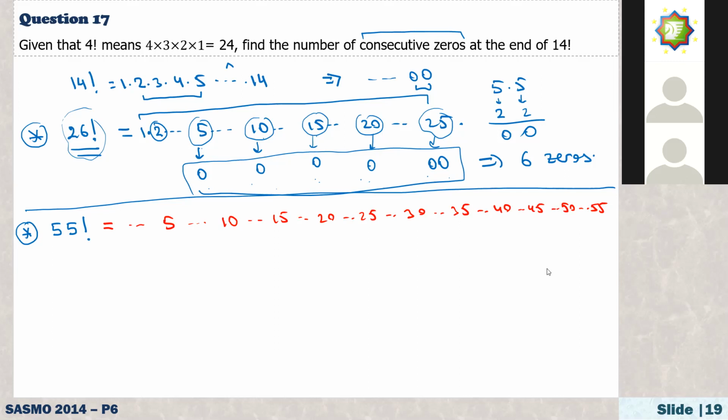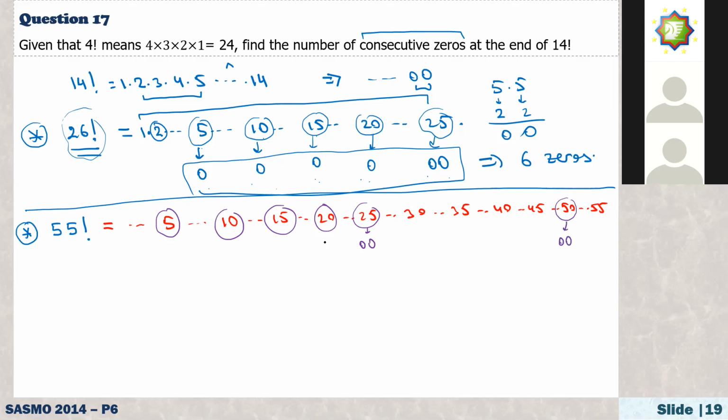Okay, why is it so? Because here, these 5s, we know that they can each make one zero. Here we have 1, 2, 3, 4, right? And how about this one? Actually, it can create 2 zeros. And also, how about 50? If you multiply by 2, the answer is 100, right? There are 2 zeros. Right?